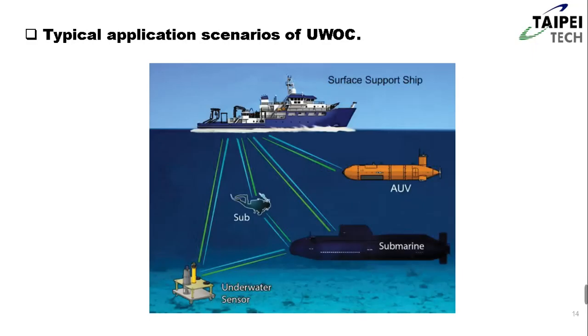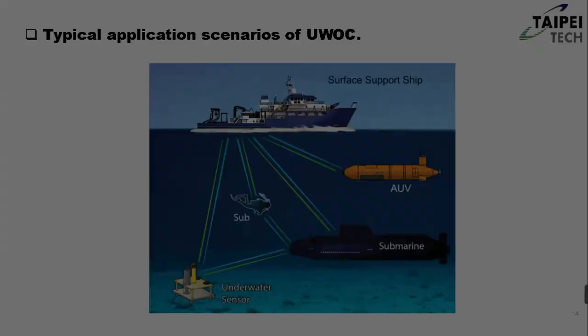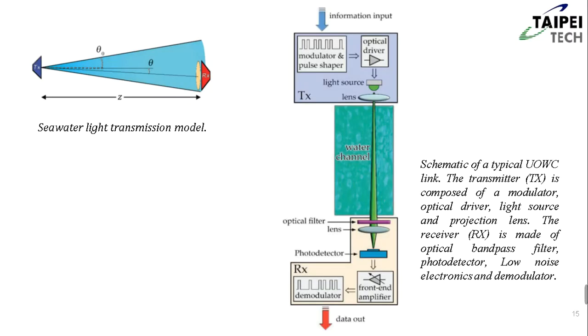This slide shows a typical UWC scenario. It shows several platforms, divers, ships, submarines, sensors, and so on, connected by beams of light. Here you can see the seawater light transmission model, and the schematic of a typical UWC link.